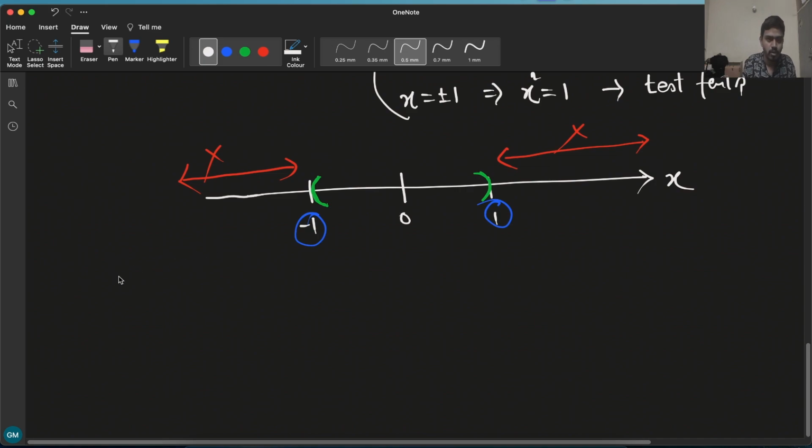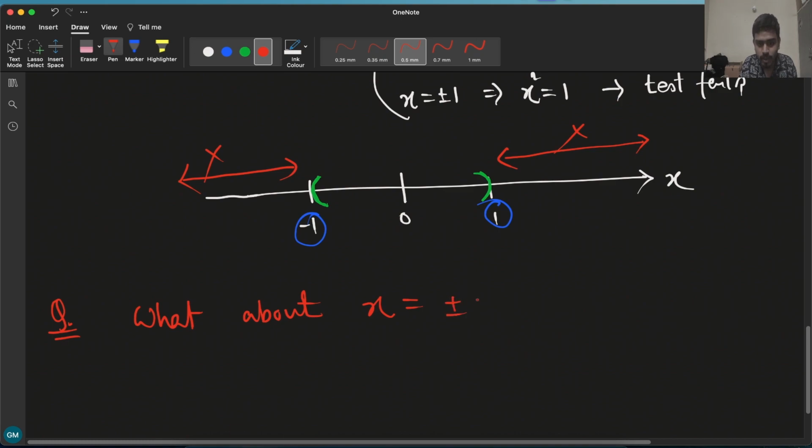Okay, so the question is now, what about x equals to plus minus 1? What about these points?